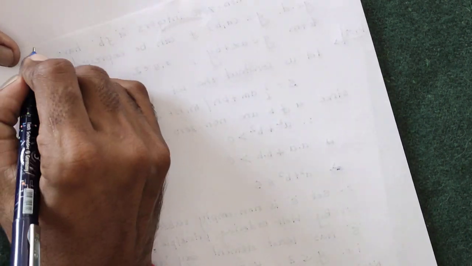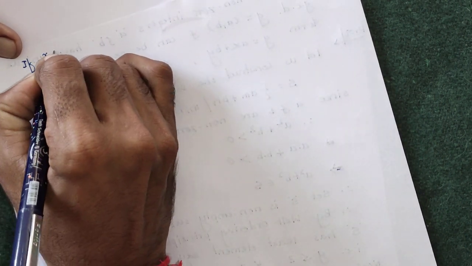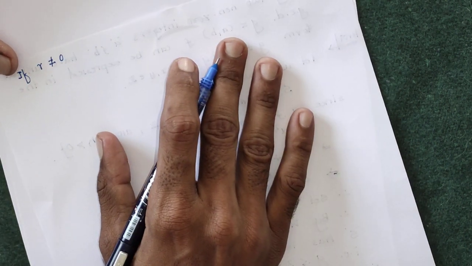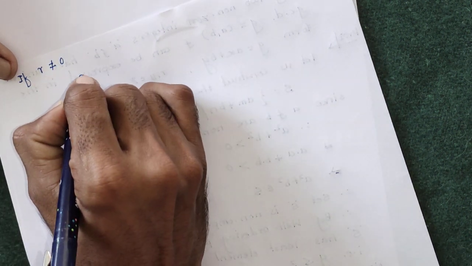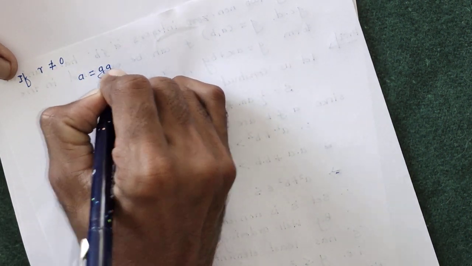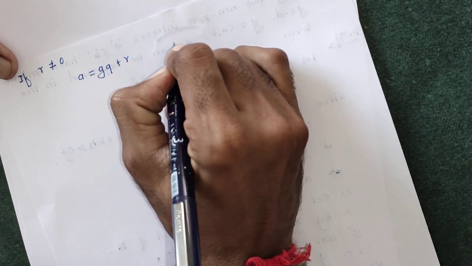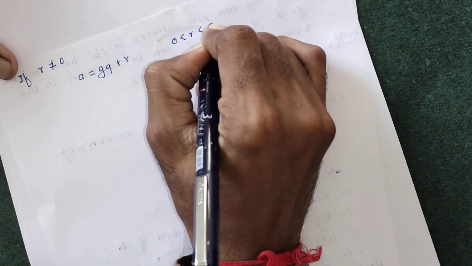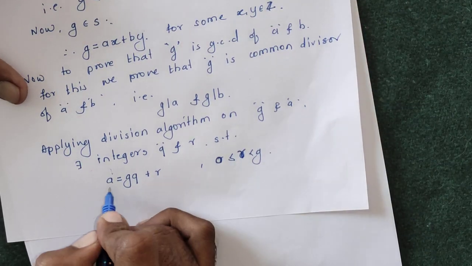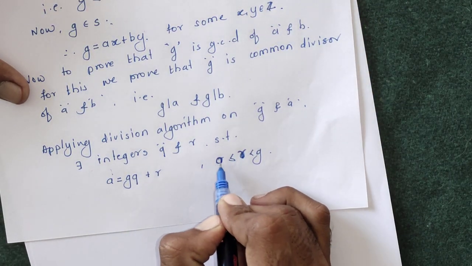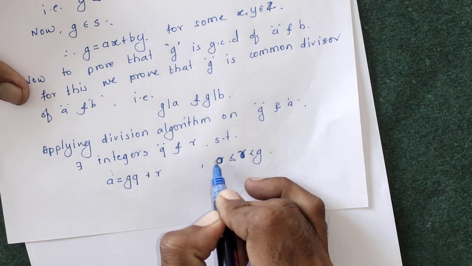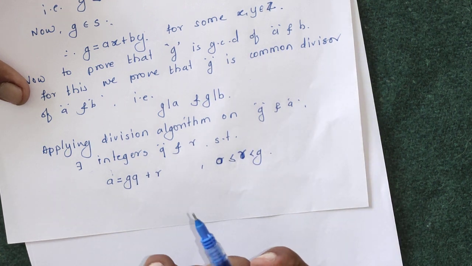If R is not equal to 0, then a is equal to GQ plus R, where 0 is less than R is less than G. If R is equal to 0, then we are done and our result is proved.